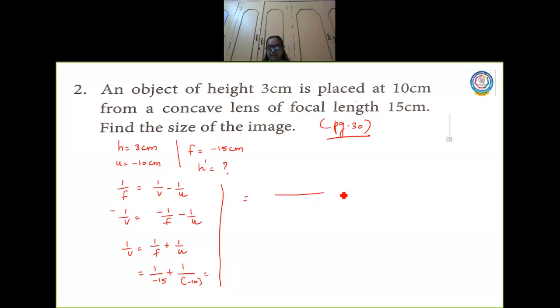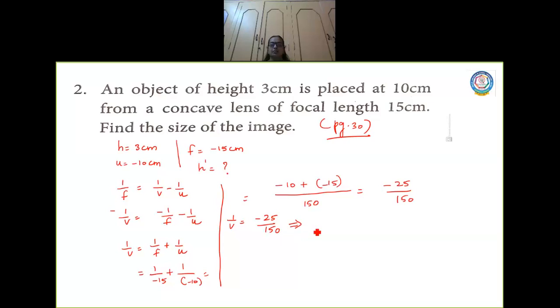So you have the LCM to be 150. Minus 15 and minus 10, it will be 150. When I take the values up, I will have minus 10 plus minus 15. So this will be minus 10 minus 15, which is minus 25 divided by 150, which is the value of 1 by v. 1 by v is minus 25 by 150.